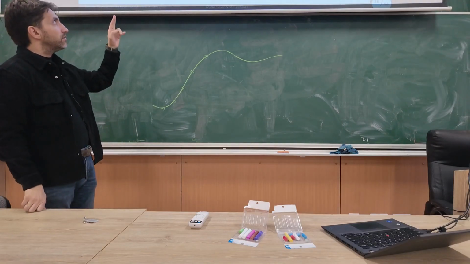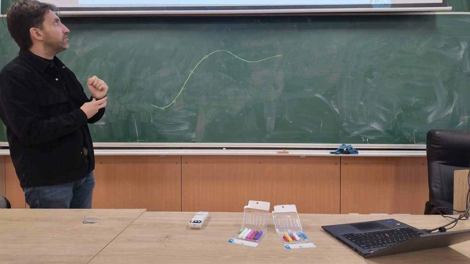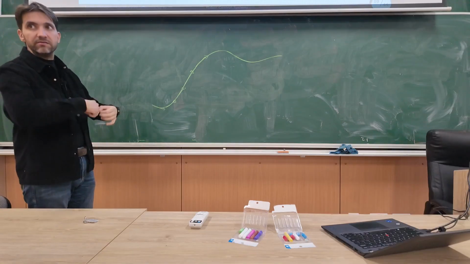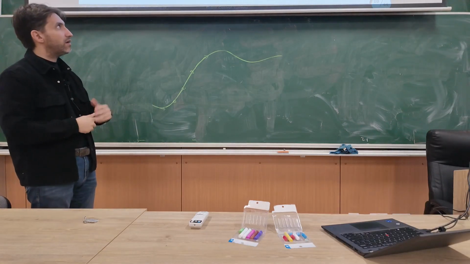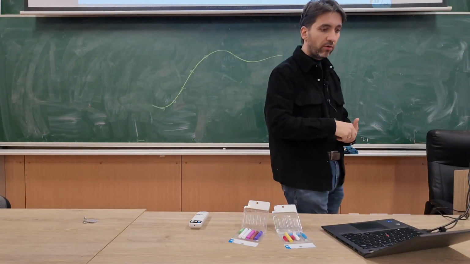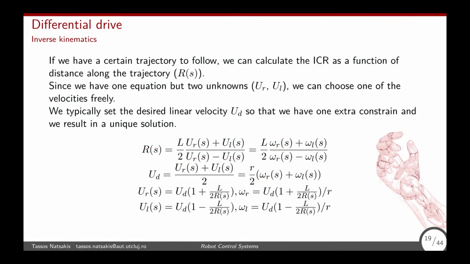I use the same equation I wrote in the previous slide, and I fix UD with a specific value. I have Rs that describes my trajectory, so now I have two equations and two unknowns, so I can solve this, no problem. It's a linear system, so I can easily invert it, and I can come up with this equation where I say what the left and right wheel velocities, the linear ones, are.